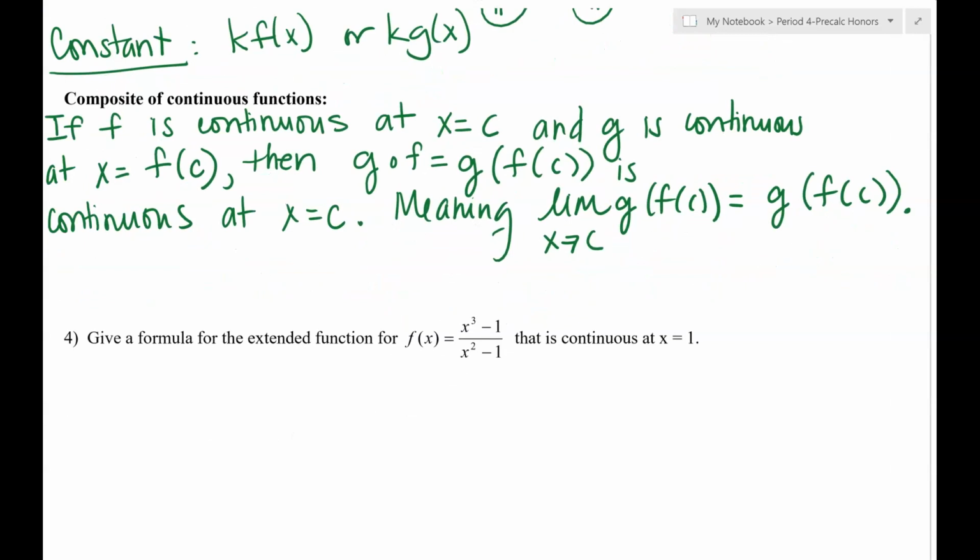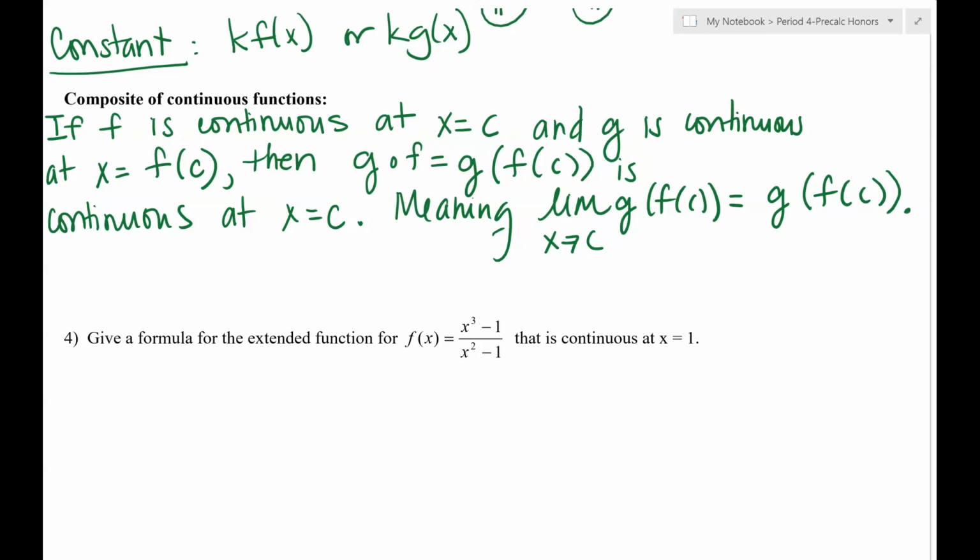Okay. Example 4. Give a formula for the extended function for our given f of x equal to x to the third minus 1 divided by x squared minus 1 that is continuous at x equals 1. Currently, is this given function continuous at 1? No, because when I plug in 1, it's 0 divided by 0, right?